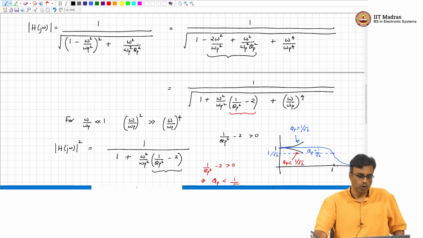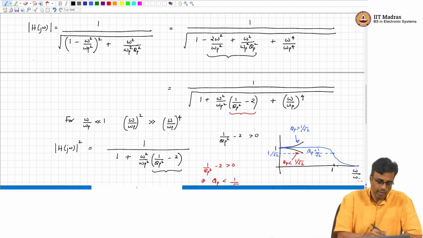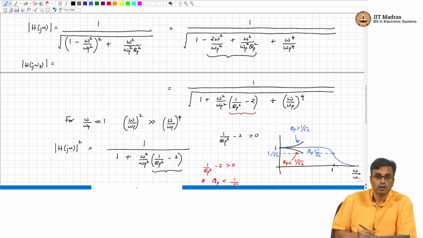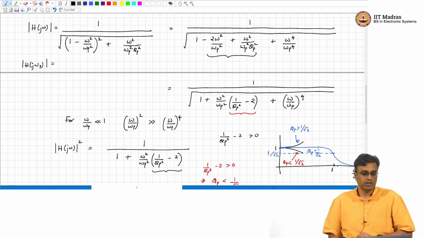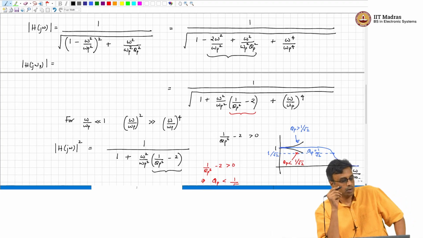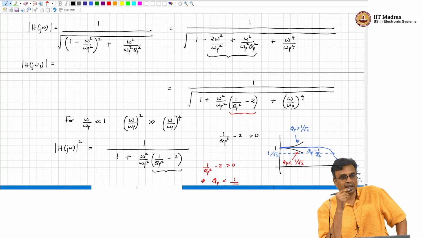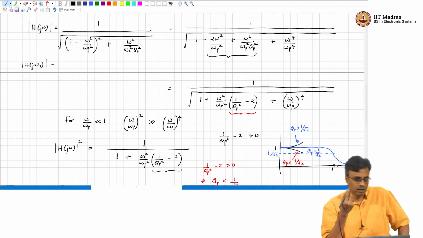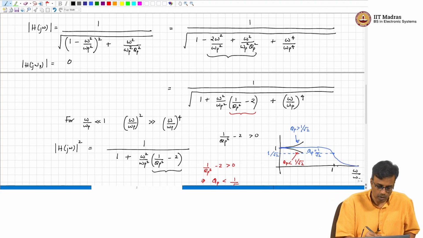Staring at this is just another observation. The magnitude of h of j omega p is what? We just need to plug in omega equal to omega p in that expression and calculate what that magnitude response is. Please calculate it and tell me. It is QP. Very good.